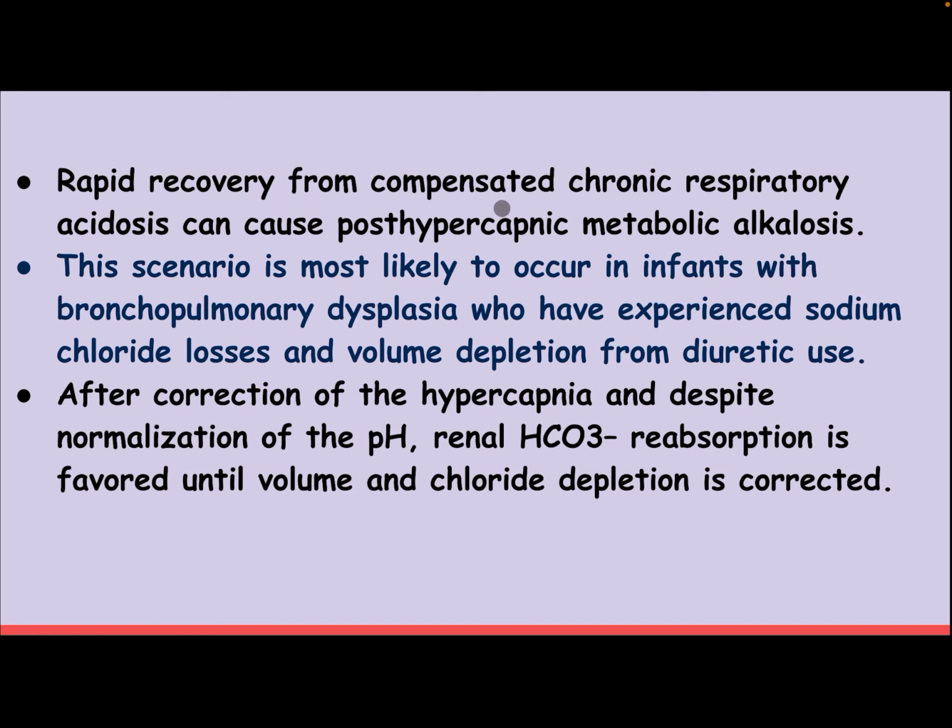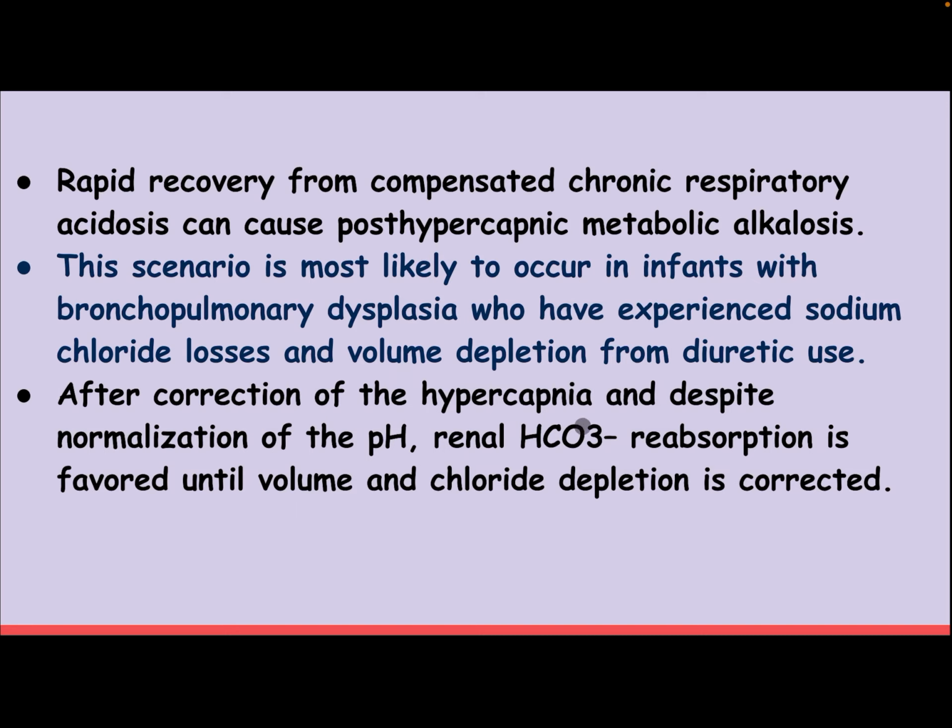Rapid recovery from compensated chronic respiratory acidosis can cause post-hypercapnic metabolic alkalosis. This scenario is most likely to occur in infants with bronchopulmonary dysplasia who have experienced sodium chloride losses and volume depletion from diuretic use.